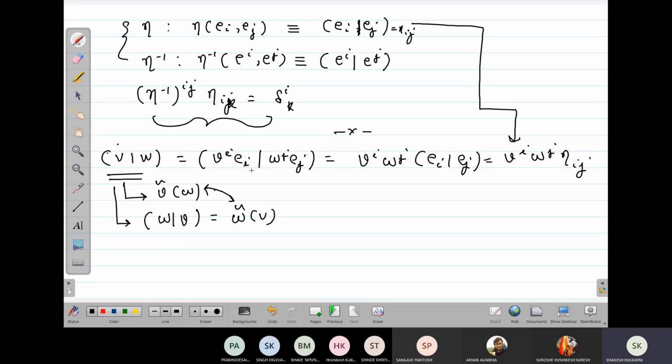Fine. So once you use the definition of vectors and then the definition of dual vectors, what I mean to say is this is also the same as V acting on W tilde.